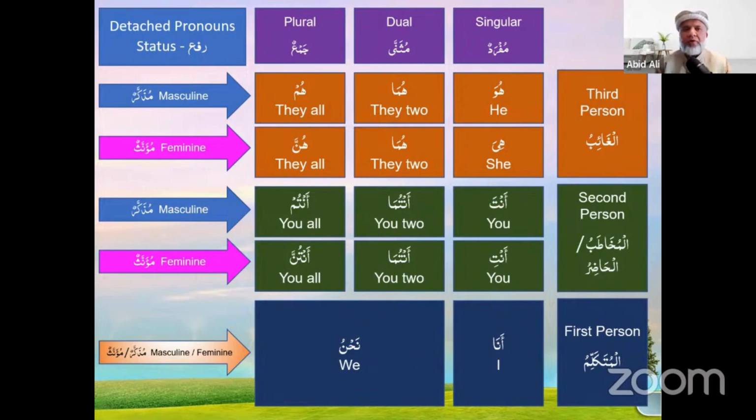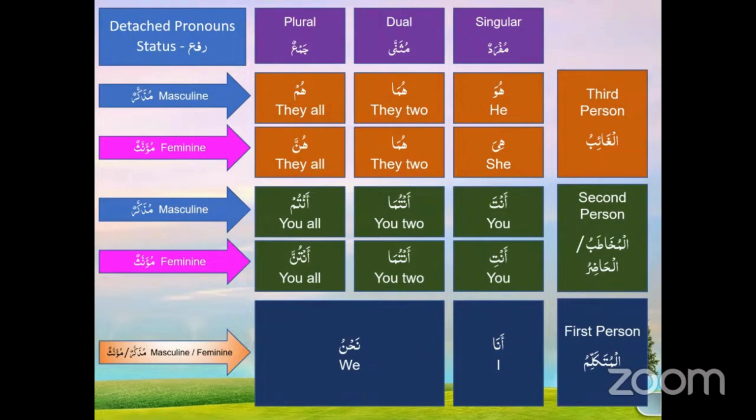So you will refer to the book as huwa. But if you're talking about a car, a sayyara, sayyara is feminine in Arabic. So you will say hiya, and the translation will be it. If you're talking about a book, in the next sentence you will use huwa. And if it's feminine and you are referring to it, you will say hiya.